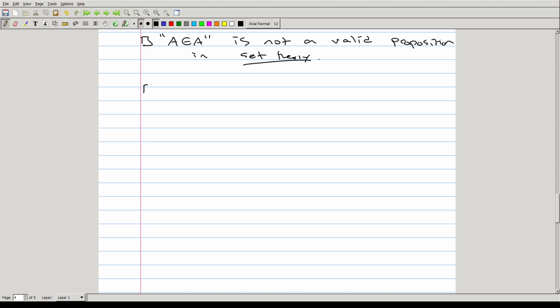So the set A that Russell created is actually not a set.